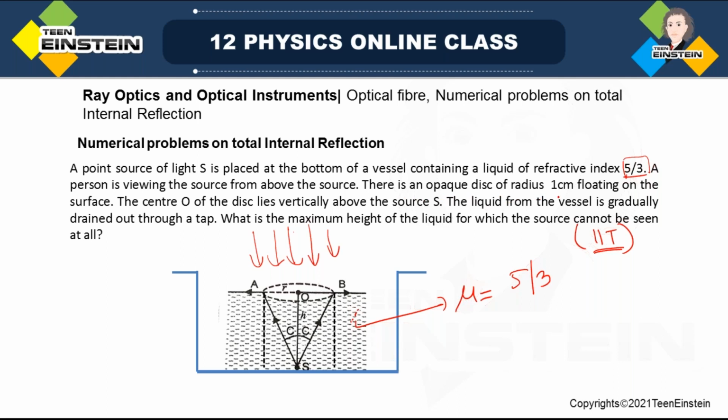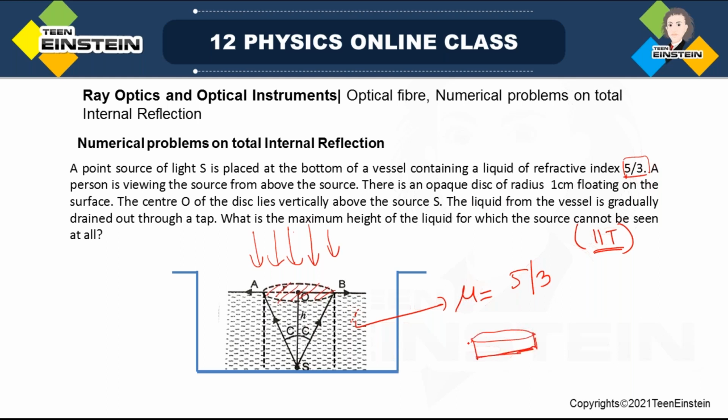There is an opaque disc of radius 1 centimeter floating on the surface. You can see this part. Opaque means it does not allow light to pass through it.